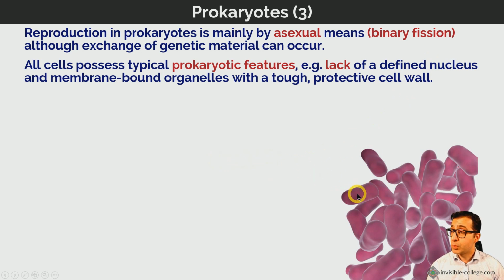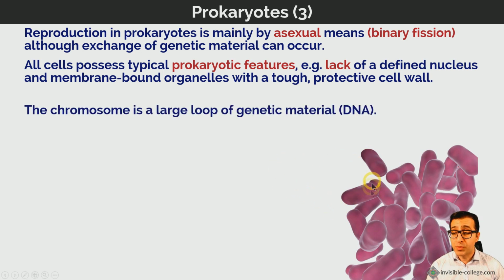Prokaryotes also typically will have a protective cell wall, but the cell wall in prokaryotes is made of a different material to the cell walls found in eukaryotic cells such as plant cells. The other main difference here is that the DNA in prokaryotes is not a linear piece of DNA. It's a loop. Prokaryotic cells like bacteria have a single chromosome made up of one continuous loop of DNA.